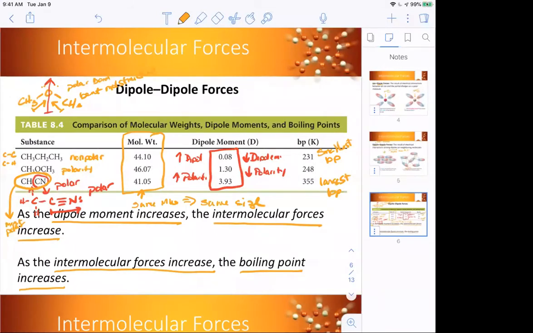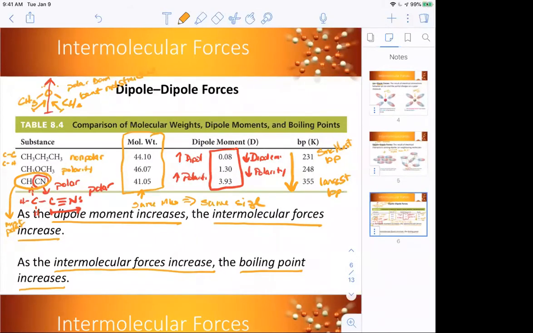And this is increasing as I increase polarity, right? So this is because if I have a very strong intermolecular attraction, it's going to require more energy in order for those molecules to be pulled apart.